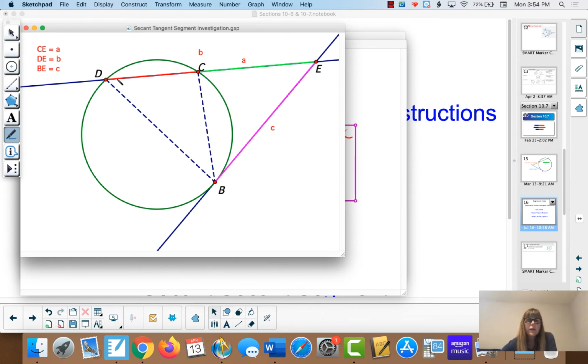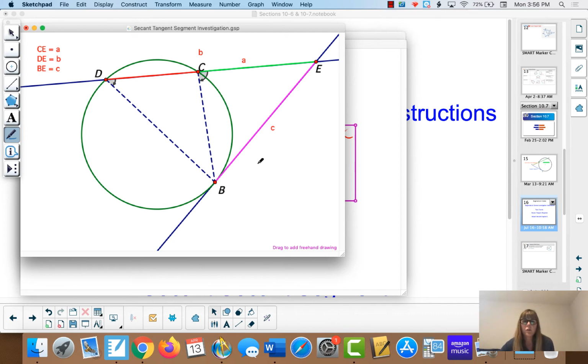Angle D right here intercepts that arc BC, and angle C right there intercepts that arc BC also. Both of those have their vertex on the circle, so they are congruent to each other because they're 1/2 their intercepted arc. Both triangles have angle E in them, and so angle E is going to be congruent to itself.